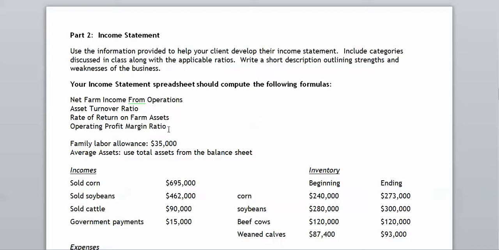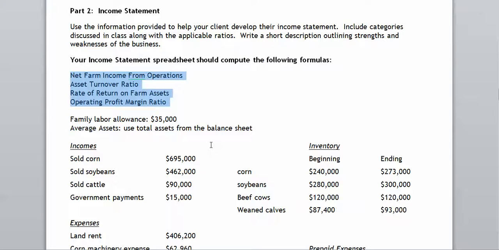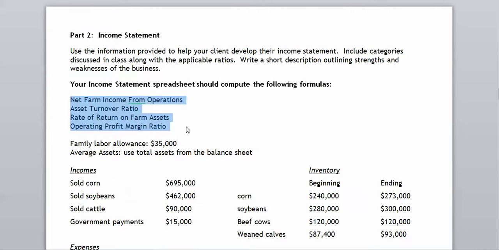Then we will need to complete these four ratios: net farm income from operations, asset turnover ratio, rate of return on farm assets, operating profit margin ratio. Consult the item in your packet that has the guide to income statement formulas. I included that in the packet, and I will also attach that to this assignment page.